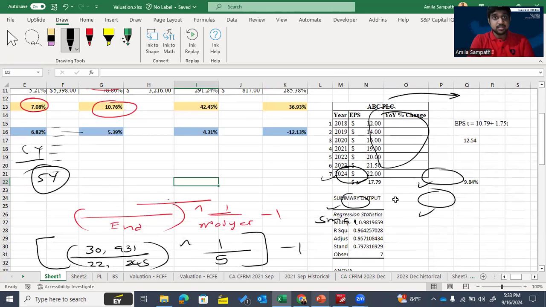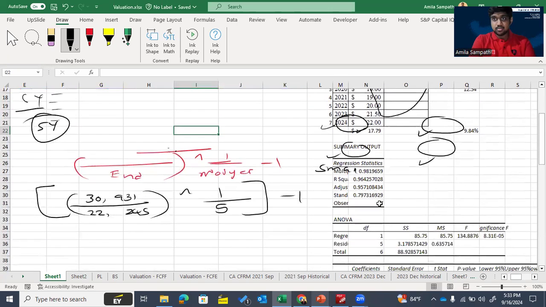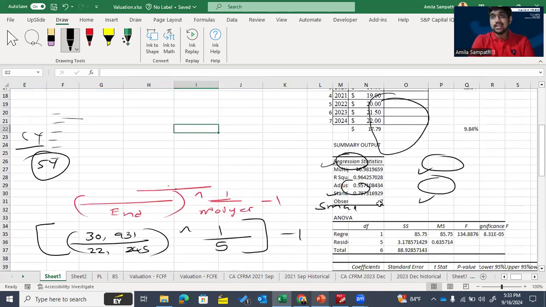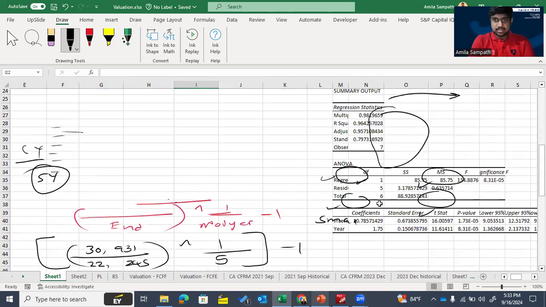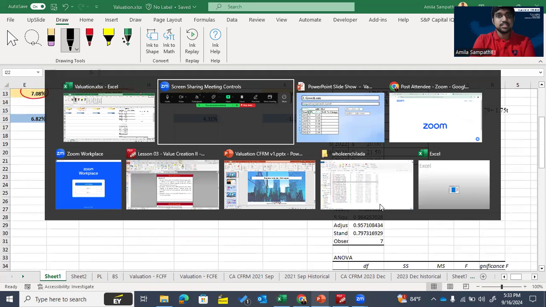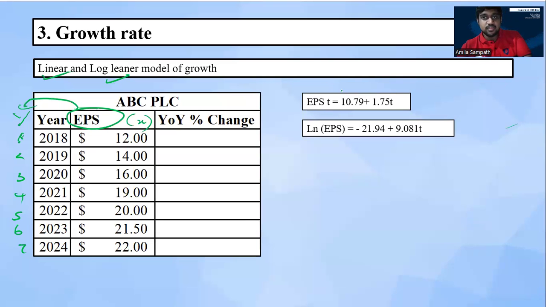Using regression, actually using this data, I ran the regression model. This is the regression model that I ran, and based on it, I developed this formula.